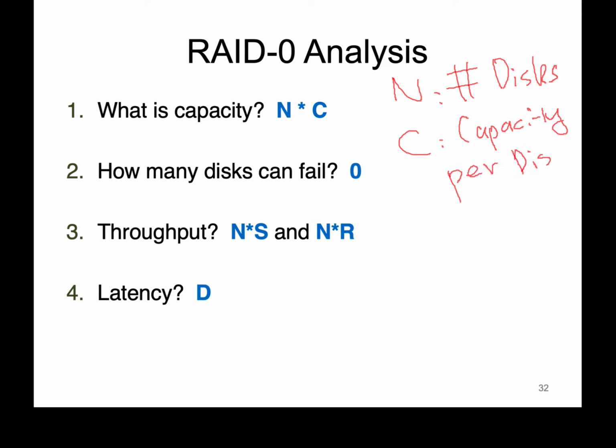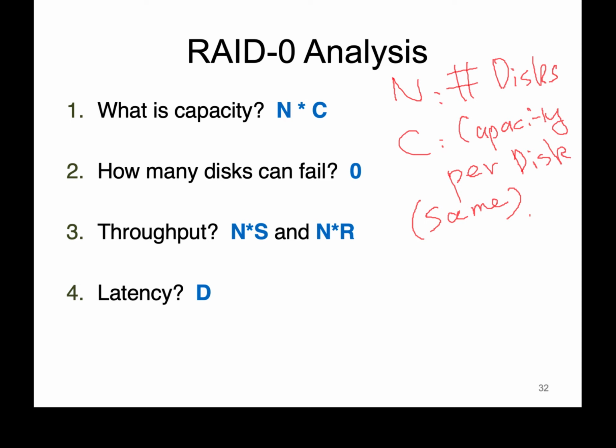And here we assume a homogeneous configuration across all the disks, which means that every disk has exactly the same capacity. Moving on to performance, we have three more letters.